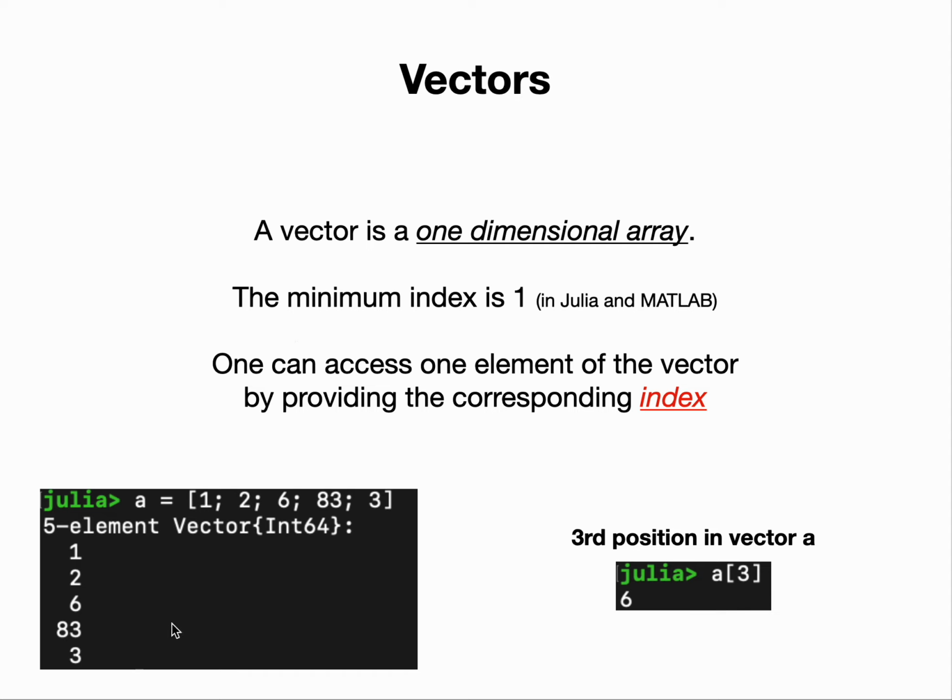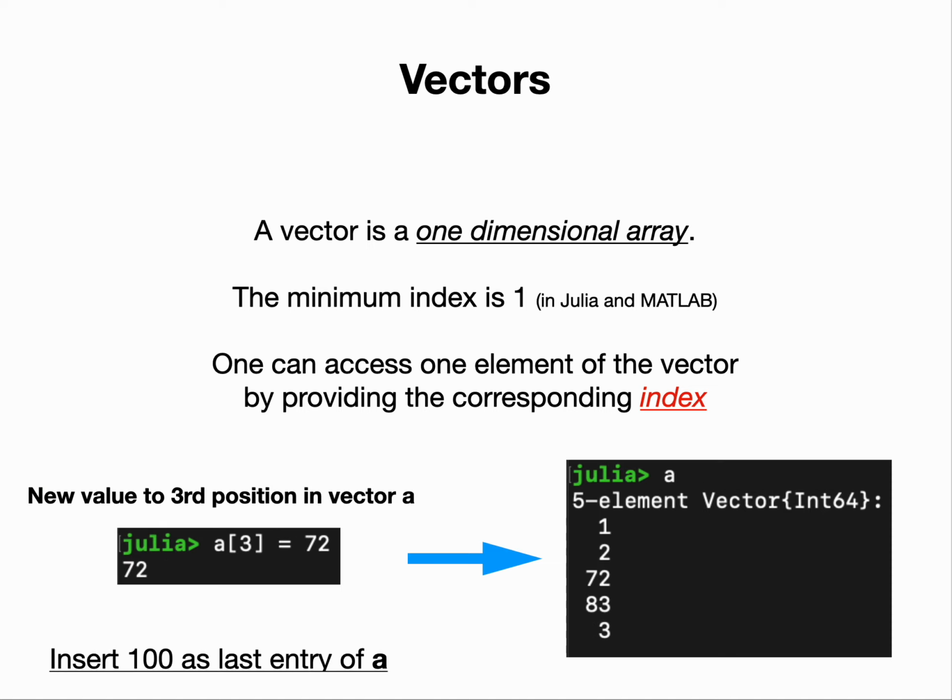Remember, the vector is here. If you type A square brackets 3, you should access the information which is 6. This is the third position in the vector. A of 3 is the third position. A of 1 will be the first. And A of n will be the last.